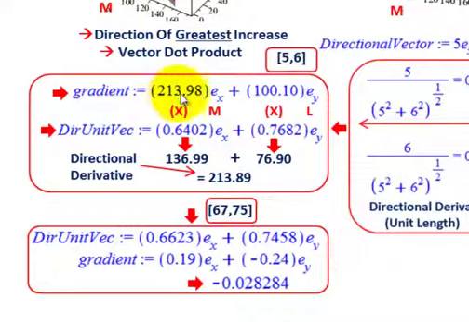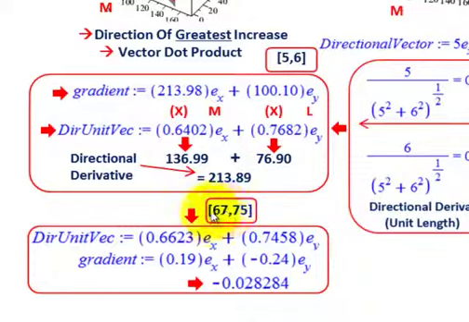So 213.98 times 0.6402 here for our material, that's going to give us 136.99, and then you add to it your labor amount here, 100 times 0.7682 is going to give you 76.90. Add those two amounts together, those are two of those yellow vectors here, and you're going to come up with your directional derivative or your change in slope here at that specific point here, 5 and 6 at 213.89.